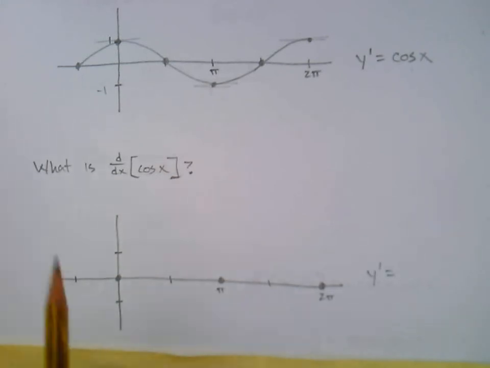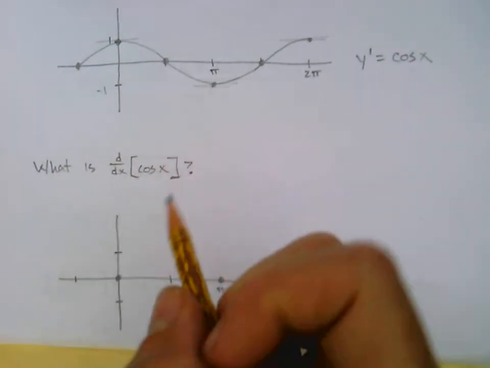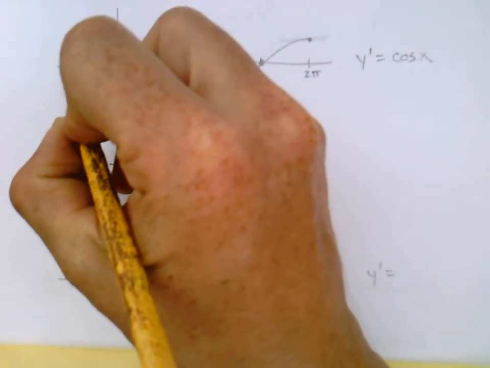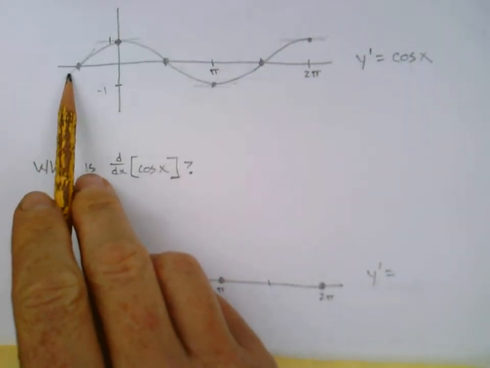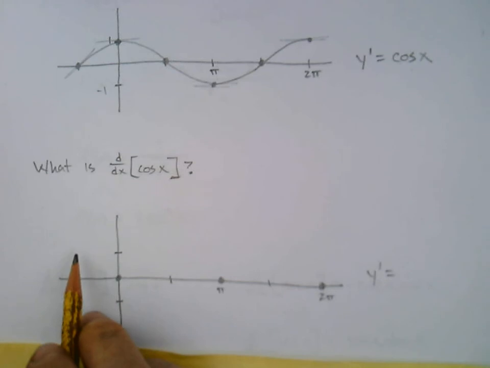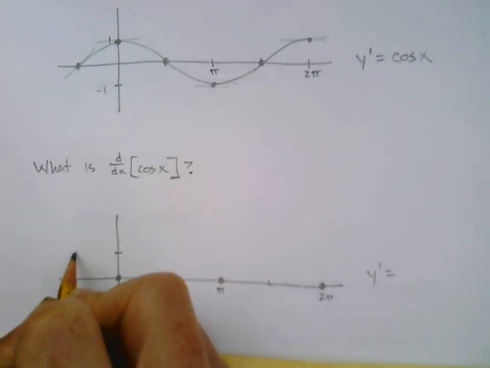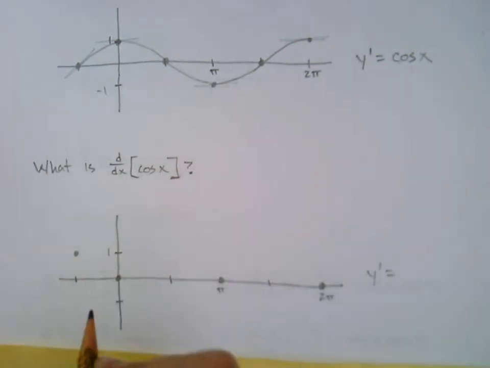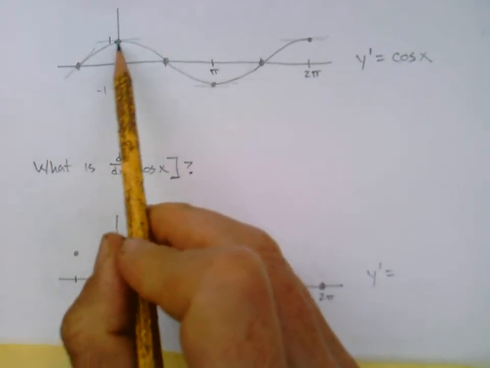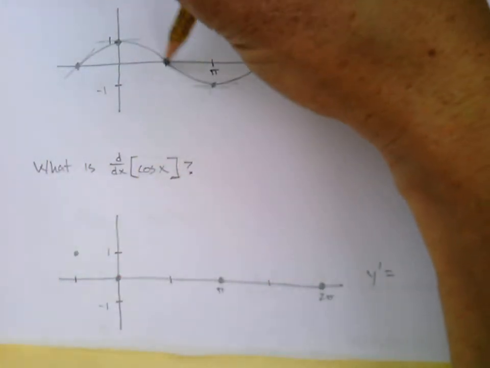Let's keep going. What would it be here at negative pi over 2? What's the slope there? Well, you might remember, that's 1. So back over here at negative pi over 2, it's up at 1. And then it's 0, and then right there, it's -1.